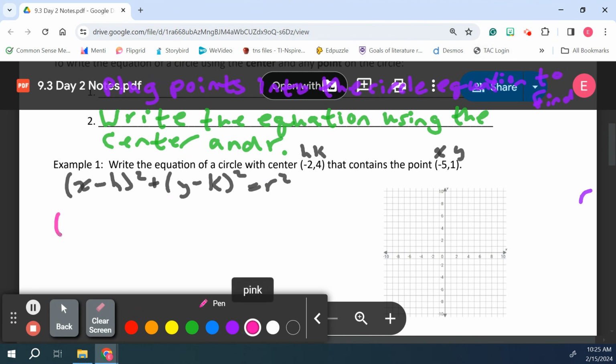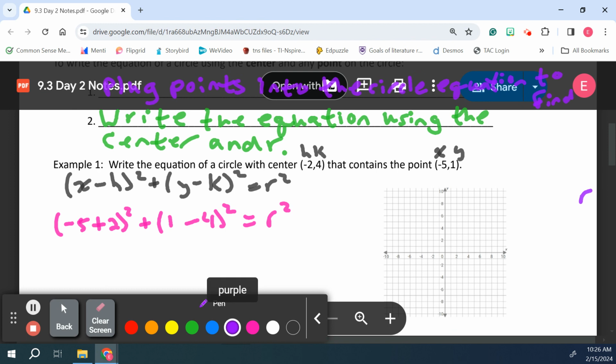So we're going to have here (-5 plus 2) squared plus (1 minus 4) squared, and we're going to say that equals r squared. This leaves me with (-3) squared plus another (-3) squared.